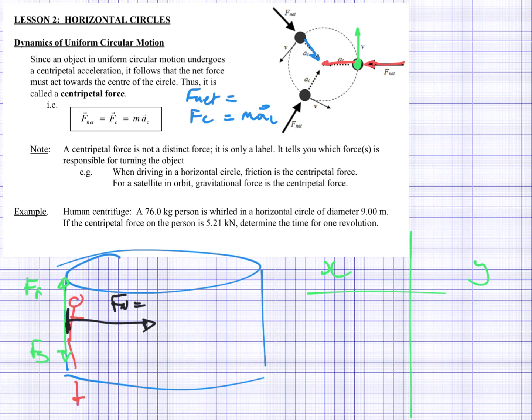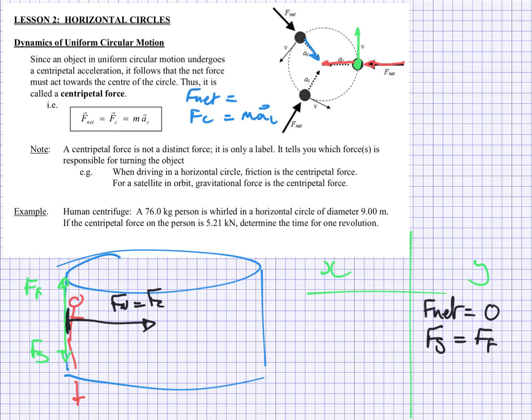And as we've already established, all forces going to the center are the centripetal forces. So when we look quickly at the y direction, our F net expression is stationary. There's no acceleration, there's no motion. This is an F net equals 0, so that would mean that the Fg would equal the force of friction.